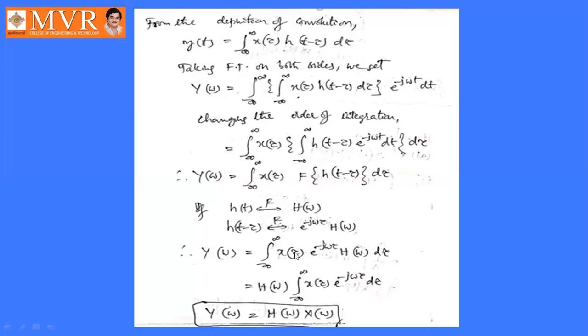So h of omega can be extracted outside into the integral minus infinity to infinity x of tau into e power minus j omega tau d tau, and this integral is nothing but x of omega.